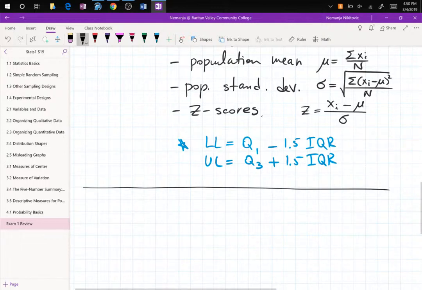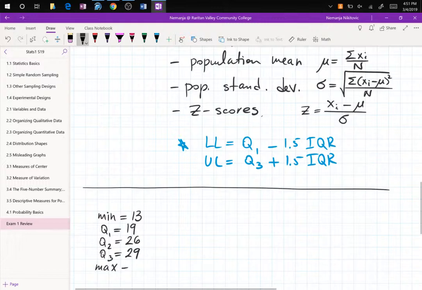In order to come up with a 5-number summary, you have to have data in order, and then when your data is in order, you are able to say that your minimum is, let's say, 13, that your Q1 is, I don't know, 19, Q2 is 26, Q3 is, I'm just making up data now, 29, and then the max is, I don't know, 30? How about 40? How about 39 to make everyone happy?